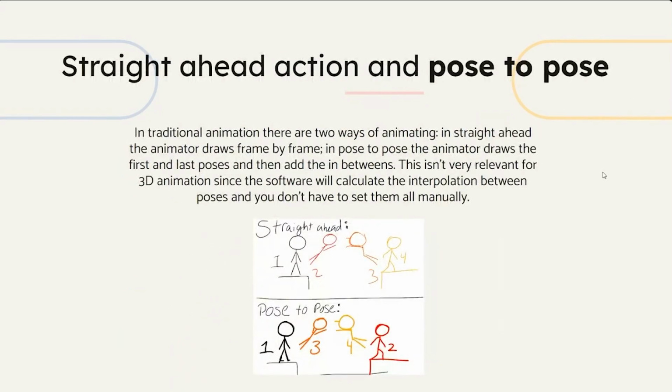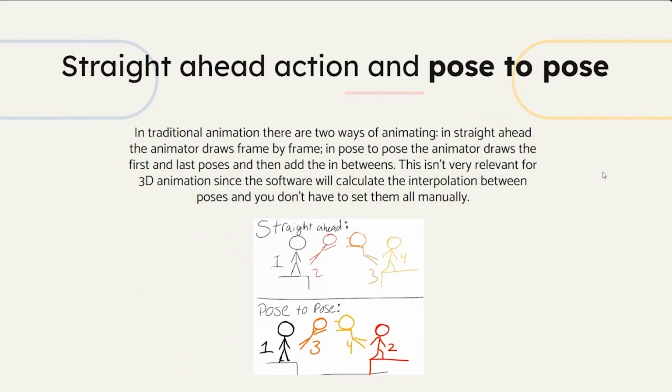So straight ahead action and pose to pose, this is more important in 2D than in 3D because there are two ways to do it in 2D. The straight ahead is like you keep drawing every pose in every frame. And then there is pose to pose where you do a main pose and then later a second pose and then you add the in-betweens.